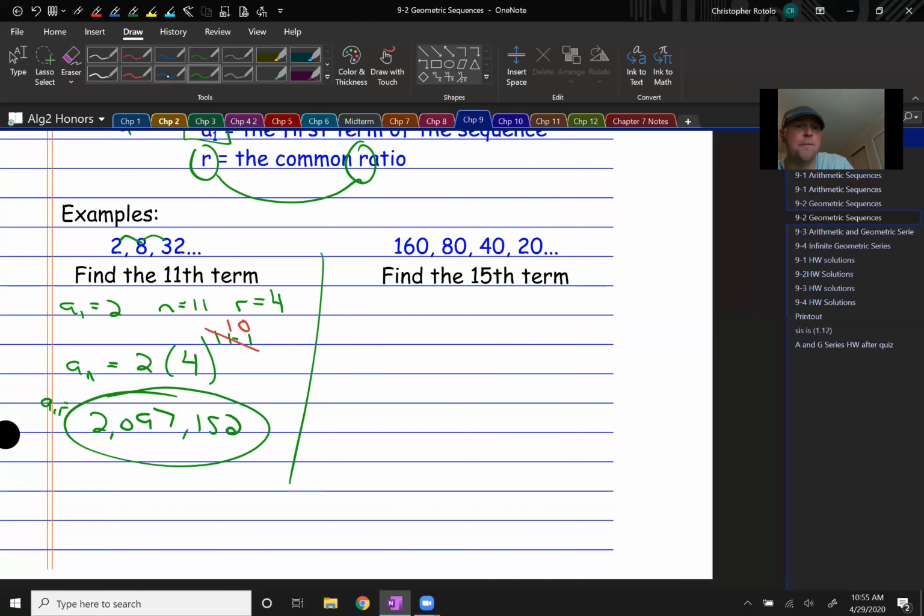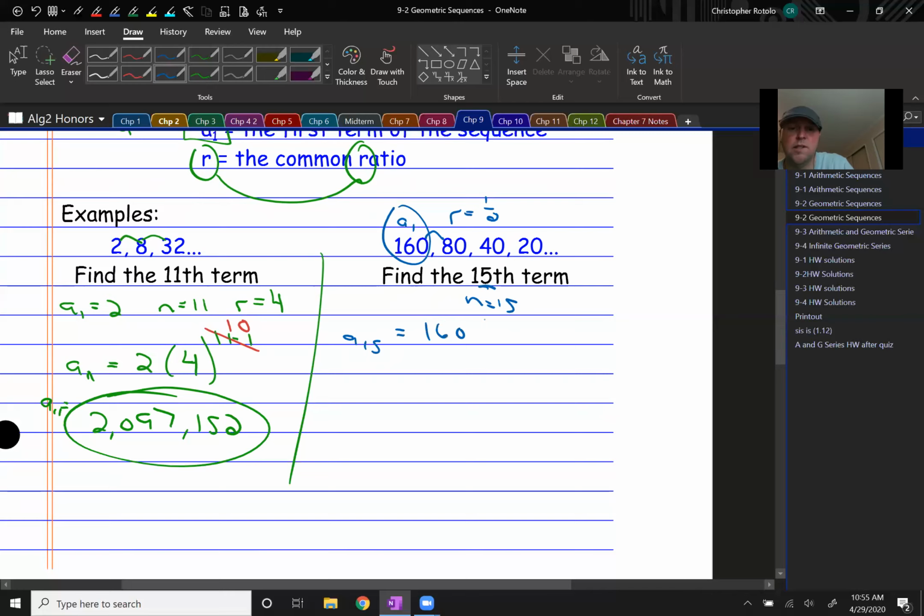All right, next problem we have, same idea, A sub 1 is 160. We are using r equals 1/2, and we want n equals 15. So let's plug some things in. A sub 15 equals 160, and we're taking 1/2 to the 15 minus 1 power. Again, I'm going to cross that out right away. Feel free to start writing 14 when you know what you're doing with this stuff.